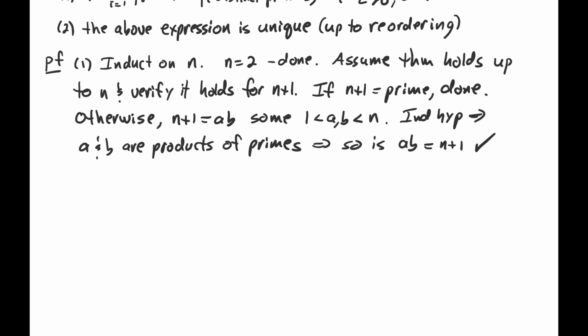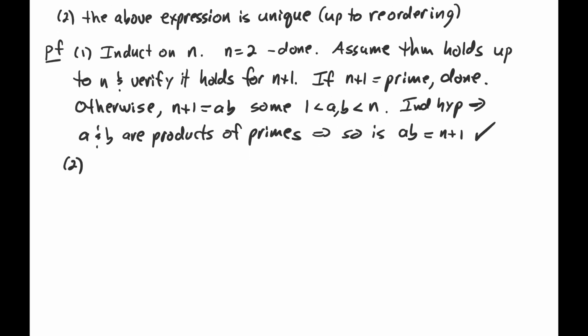All right. So, on to part 2, the uniqueness. In this case, essentially we're going to induct on the sum of the exponents that appear in the prime decomposition. So let's make this definition.